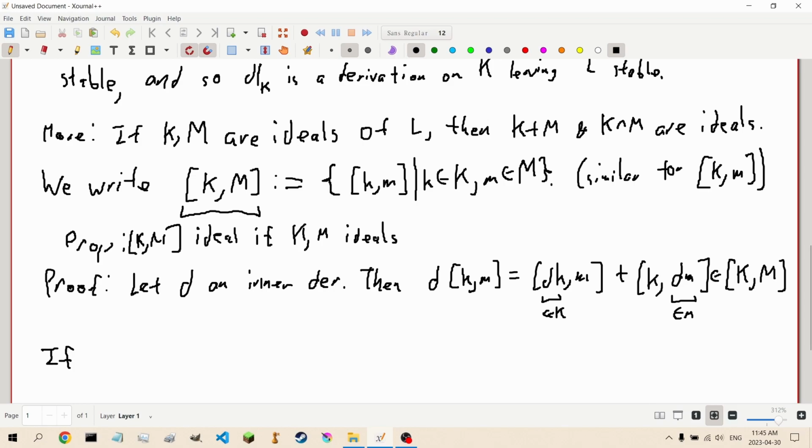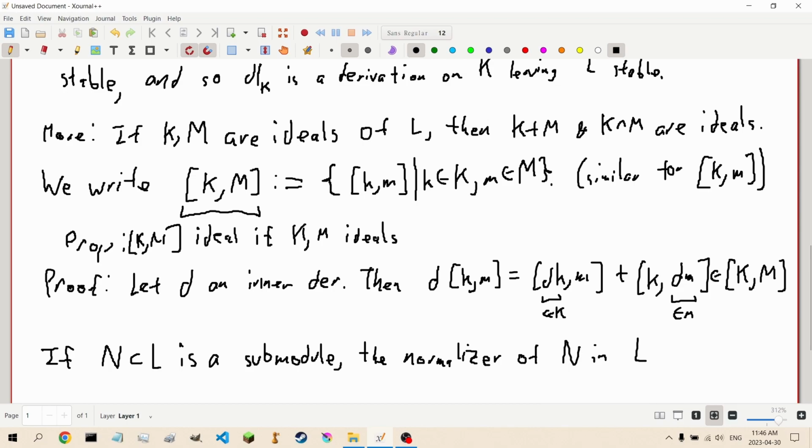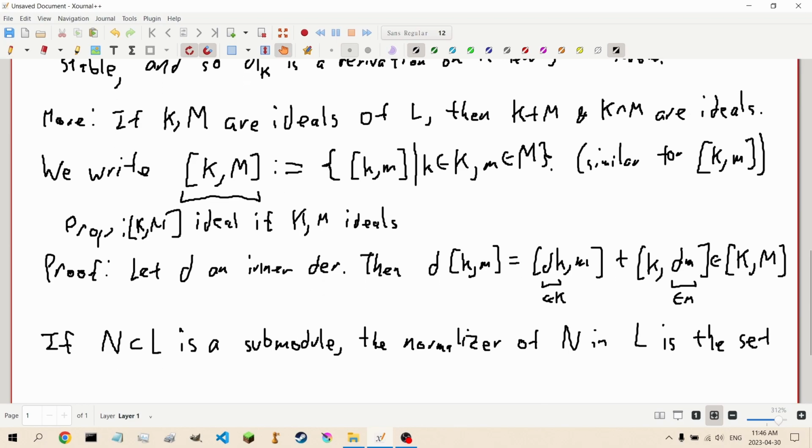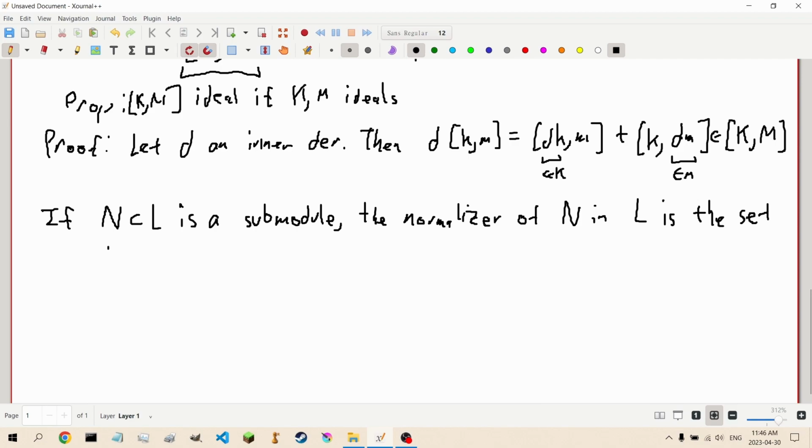If N inside L is a submodule, then we have that the normalizer of N in L is the set, which we write like this.